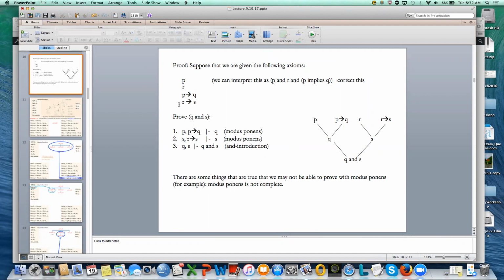But here are the axioms, and we want to prove Q and S. We have two modus ponens steps. One tells us that Q follows from these axioms, and the other application of modus ponens tells us that S follows from these axioms. We know both of these.